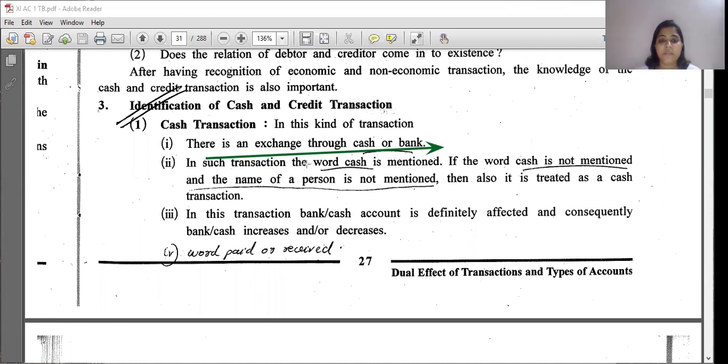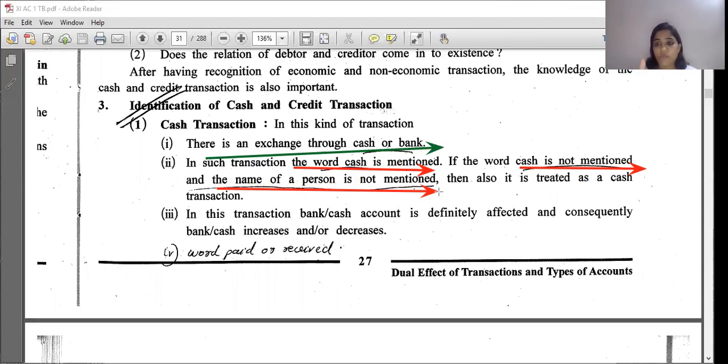In such a transaction, the word cash is mentioned. If the word cash is not mentioned and the name of a person is also not mentioned, then also it is treated as a cash transaction. Like sold goods of rupees 10,000.